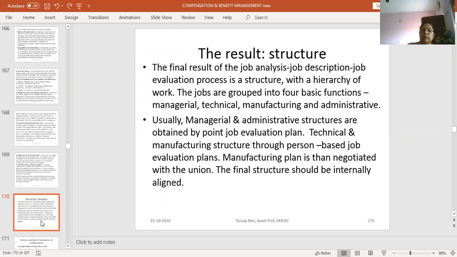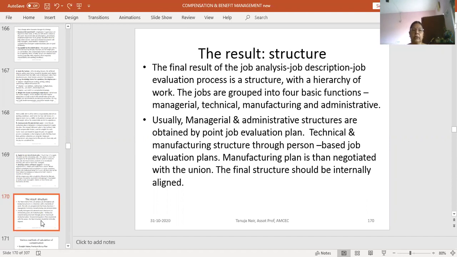Manufacturing jobs are then later on negotiated with the trade union. Nowadays, most organizations don't have this trade union concept. Only in government jobs you will find the trade union is there, but still the trade union is not as strong as it was earlier.